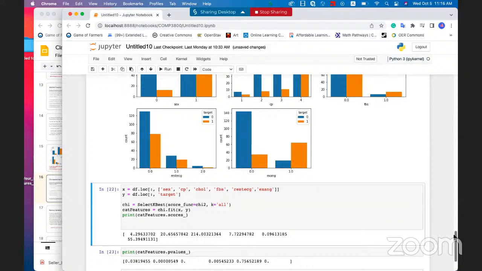So here, is there any value larger than 0.05? 0.75. So what does that mean? No significant difference. Yes, the p-value is too large, it's larger than 0.05.